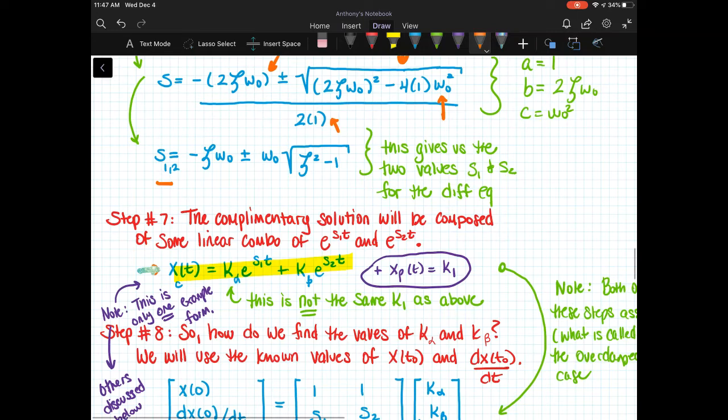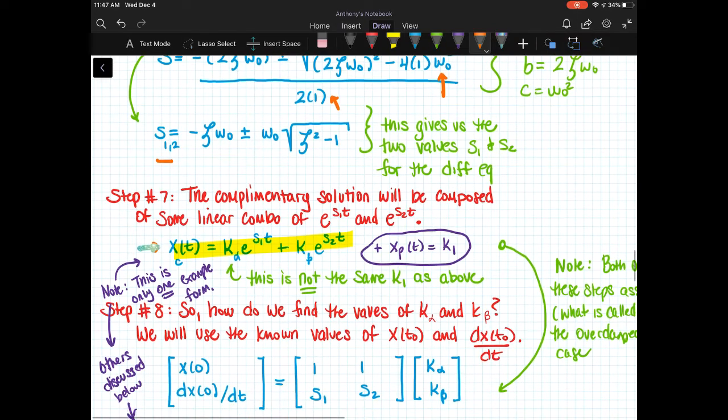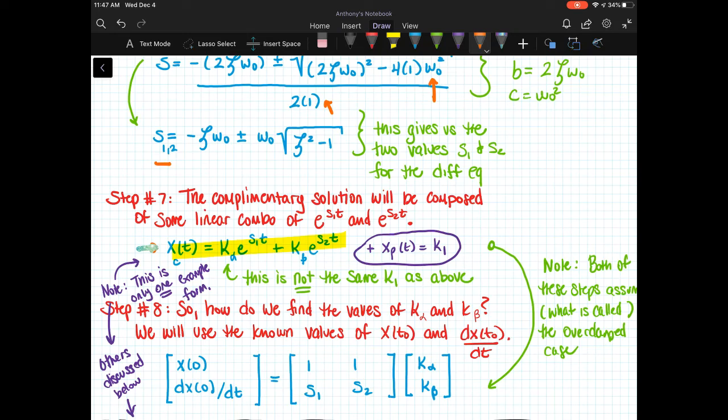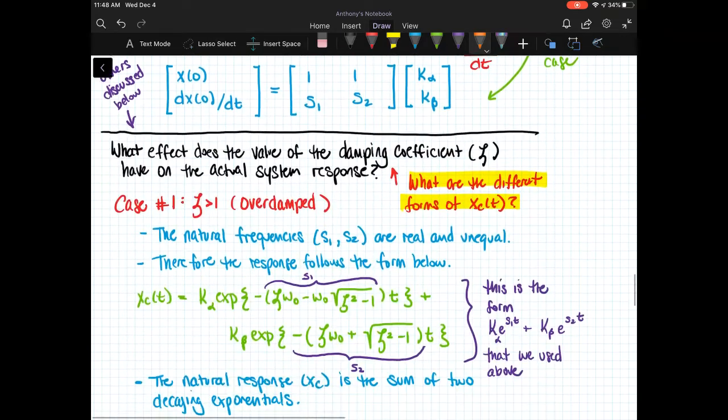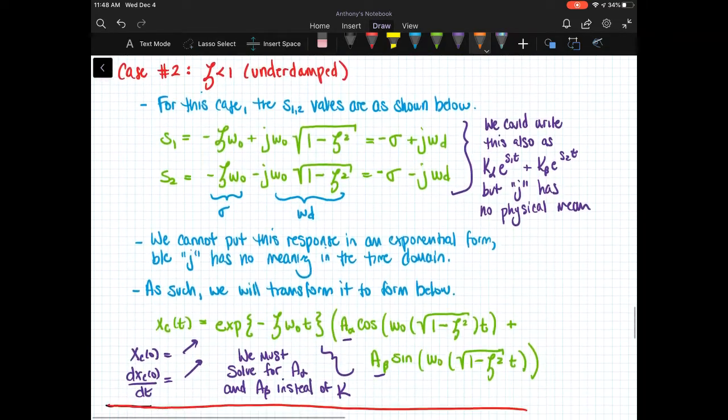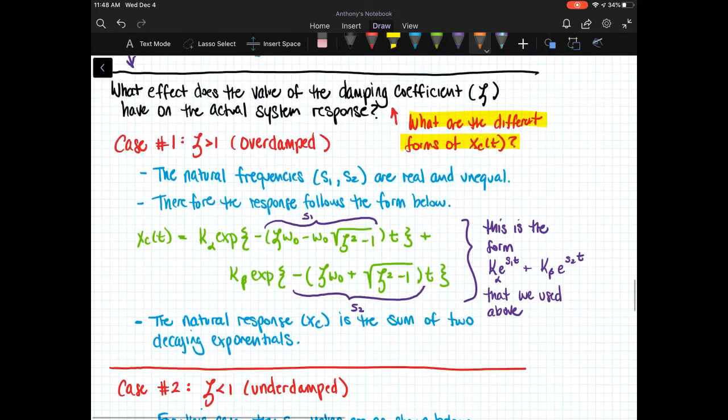Now, step number 7 becomes a little bit complicated. So the complementary solution will be composed of some linear combination of e to the S1t and e to the S2t. Now, the version that's shown right here is actually that which will, if we scroll down for a second, apply for what we call the overdamped case.